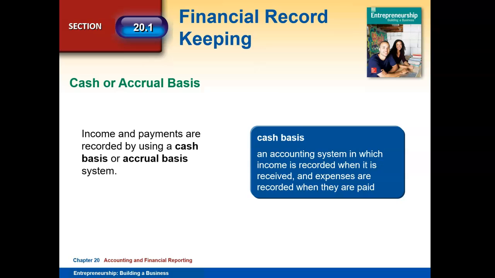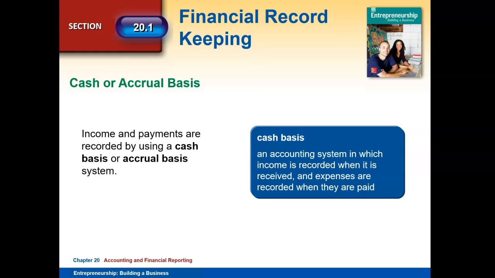So that is cash basis. That means when I order something, say I run a business and I order a bunch of t-shirts, I don't have to actually record in my accounting system that I ordered those t-shirts until I go and pay for them. Now that might be 30 to 45 days after I ordered them. That's the cash basis. I'm doing everything on when the cash changes hands.